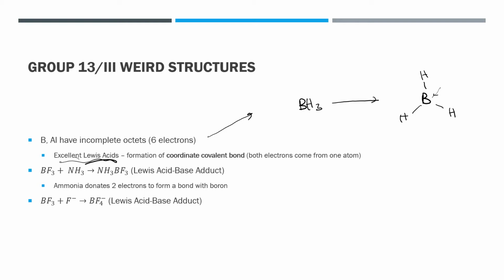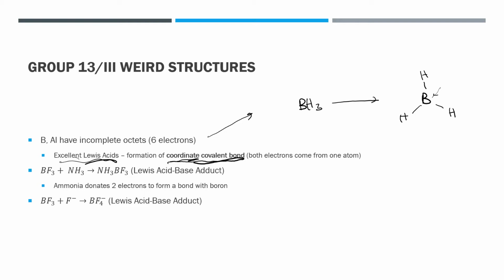But with 6 electrons, boron and aluminum are still semi-happy. But because it doesn't have an octet, these can act as really, really good Lewis acids. They can accept electrons. And you'll see that you'll have formation of what we call coordinate covalent bonds, which means that in that bond, both electrons come from one atom. And it's going to be more clear with this next example.